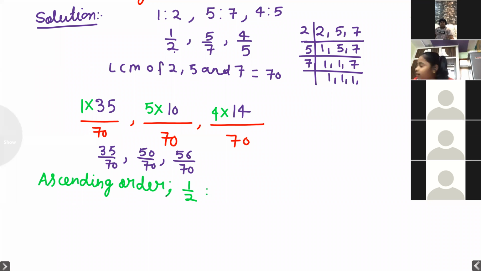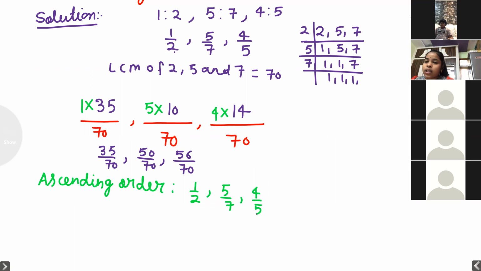Second one is 50, 5 by 7. Third is 2. Sorry, I will add comma, then I will mention. 1 by 2, comma, 5 by 7, comma, 4 by 5.